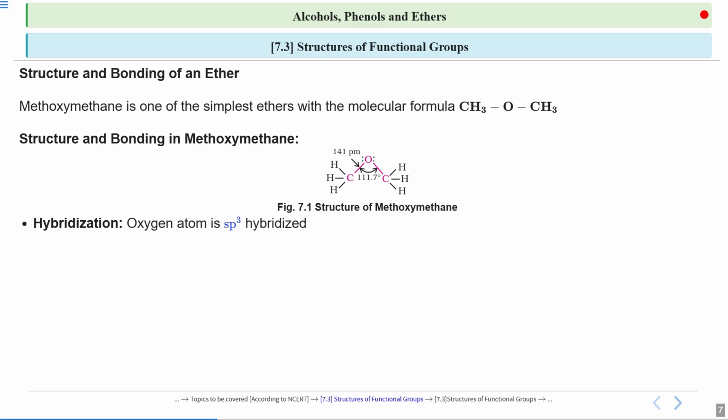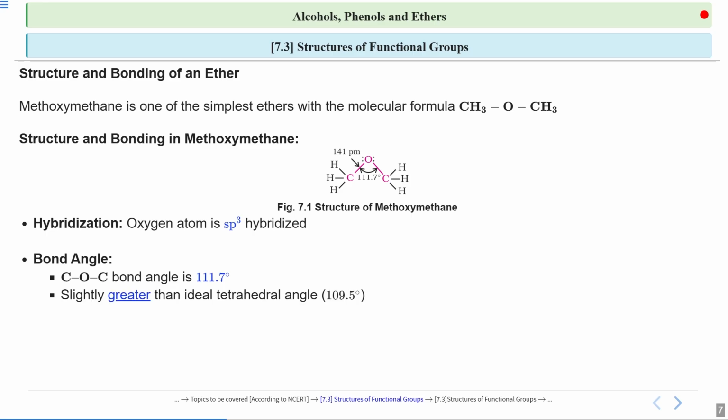So the oxygen atom in the ether is sp3 hybridized, and the lone pairs and the bond pairs present on the oxygen are arranged in a tetrahedral manner. Now, if we move to the bond angle, the COC bond angle is 111.7 degrees, right? If you observe this, it is slightly greater than the ideal tetrahedral angle, which is 109.5 degrees.